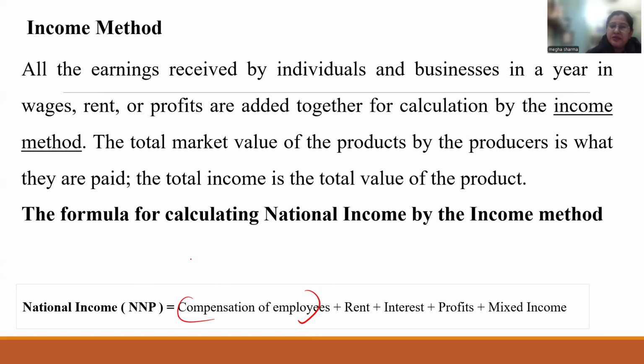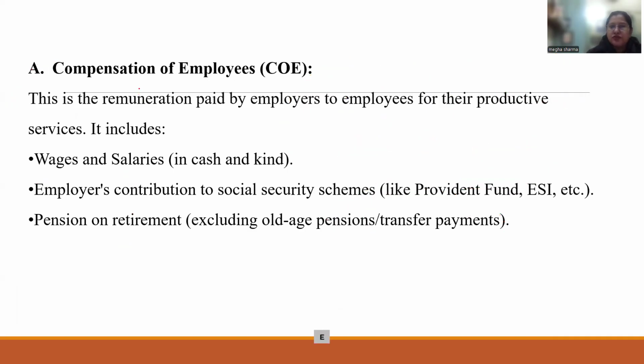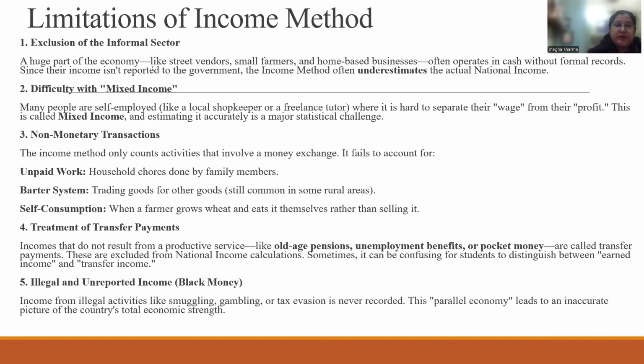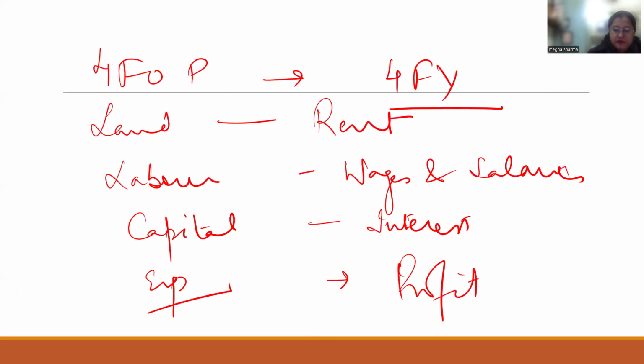So if you find the term directly, then use it. If not, then you need to add these three main components to calculate compensation of employees first. So if I need to calculate through the income method, we know we have first compensation of employees.